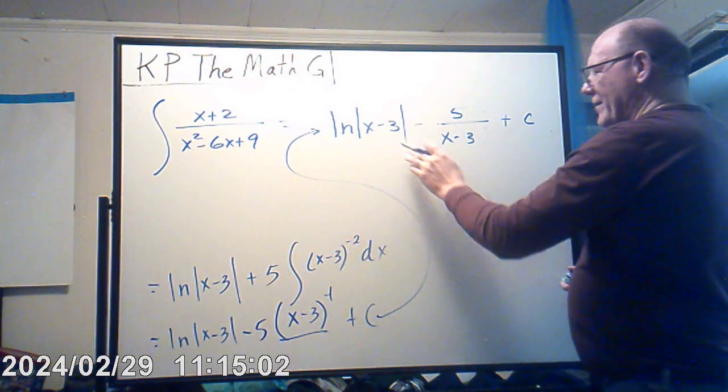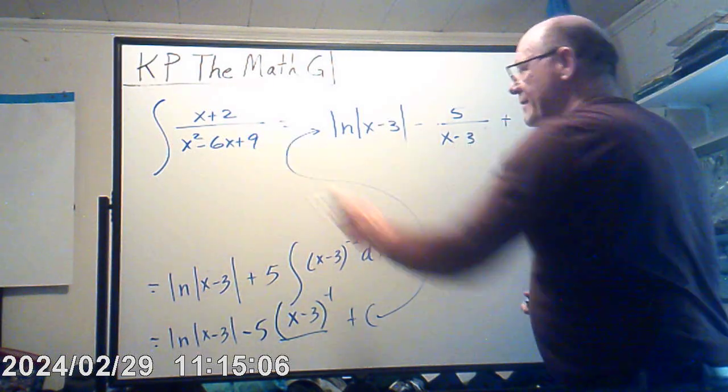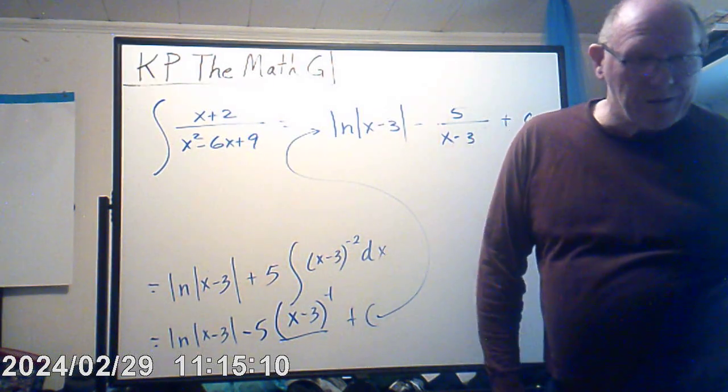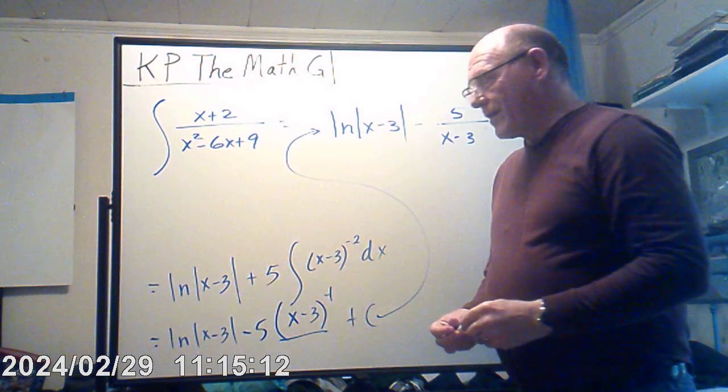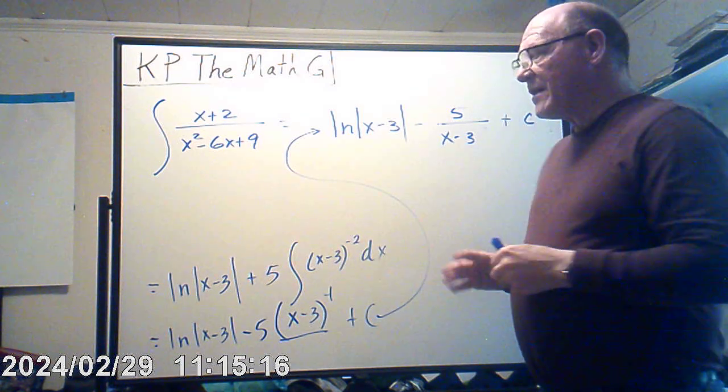Now, if you take the derivative of all this, you should get that back. If you don't, then we made a mistake somewhere, but I'm not going to do that in case I run out of time like I did last time.